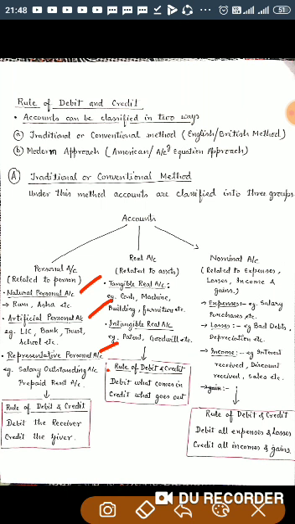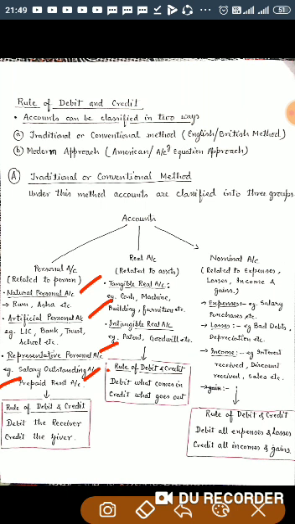The third category of personal account is the representative personal account. It is any account which represents a person, for example salary outstanding, representing an employee who has rendered services to the business but not yet received salary. Another example is prepaid rent.